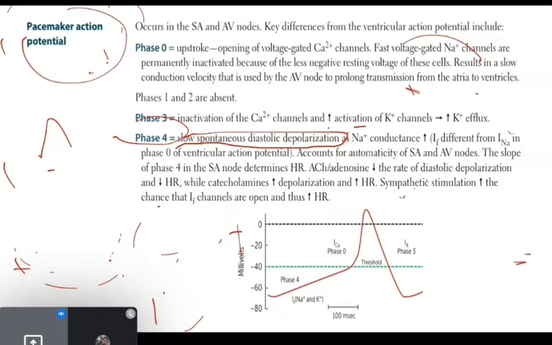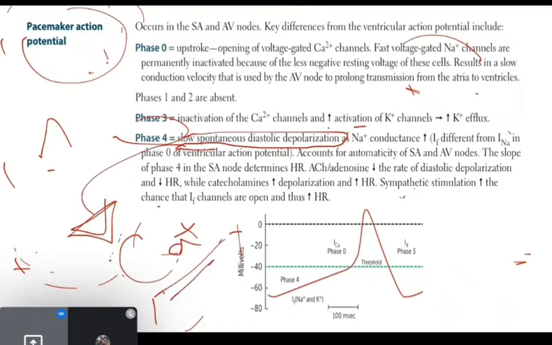Why is it slow? Because, as we said, it is a calcium channel. The calcium channel is slow transmitting, or it causes the action potential slowly.